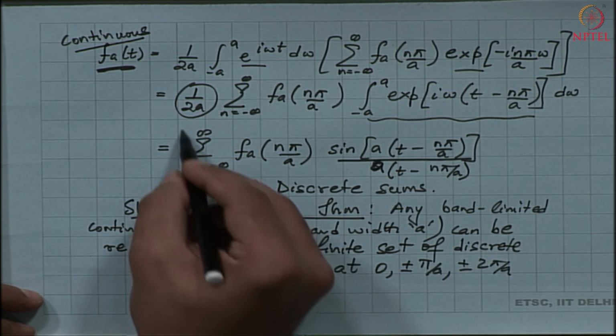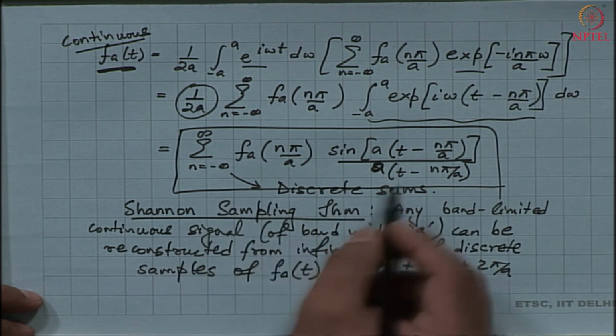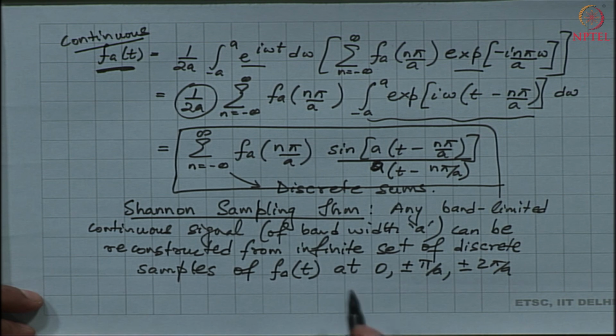So, this is what the result shows us. So, you can construct a continuous signal out of the infinite sum of discrete signals, and that is what the theorem says.